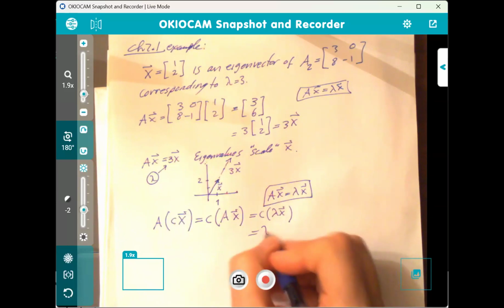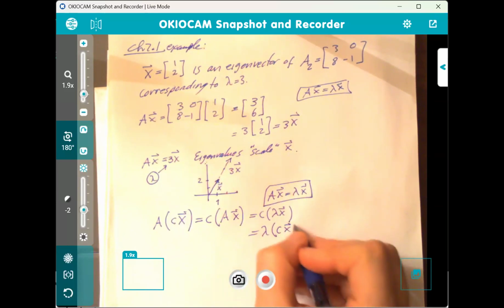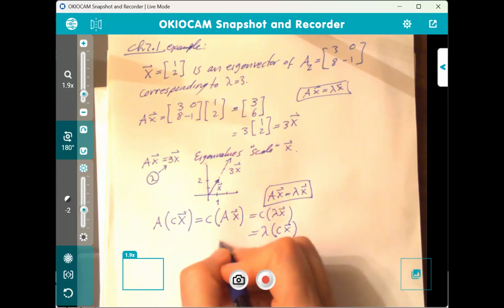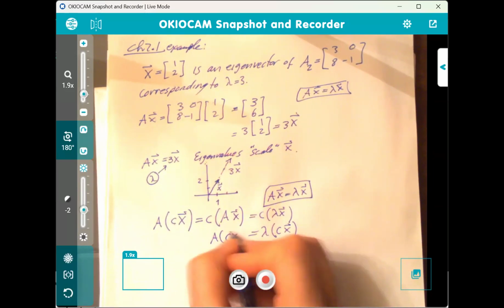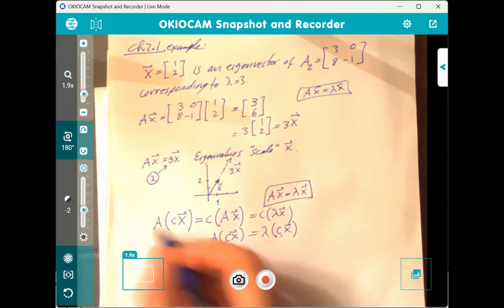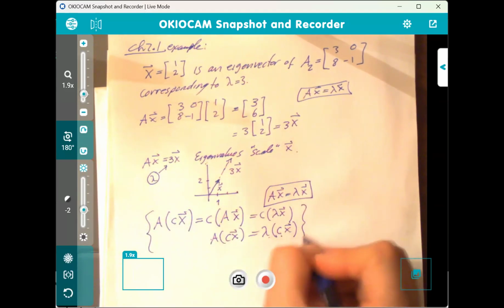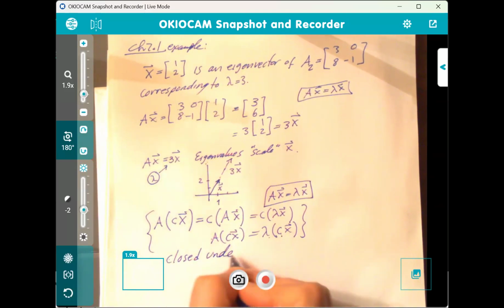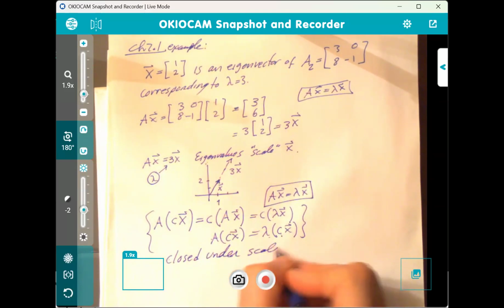I can bring lambda out and write it as lambda Cx. You can swap them, right? Commutative property. So we just showed that A(Cx) is equal to lambda(Cx). In other words, we showed that this operation is closed under scalar multiplication.